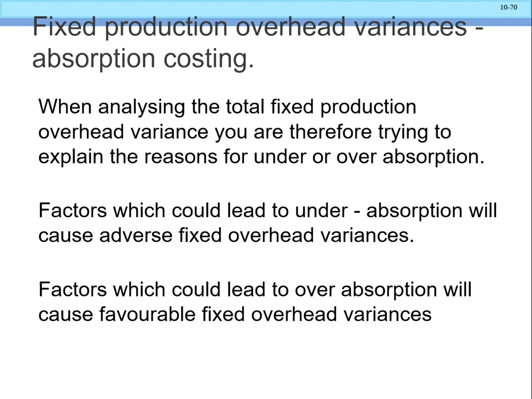So there are two things that lead to over or under absorption. Either the actual activity is different from what has been budgeted, or the budgeted cost is different from the actual cost that has been incurred, or both of them have changed.